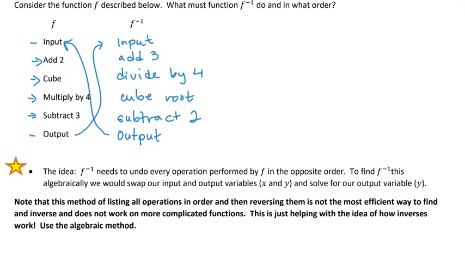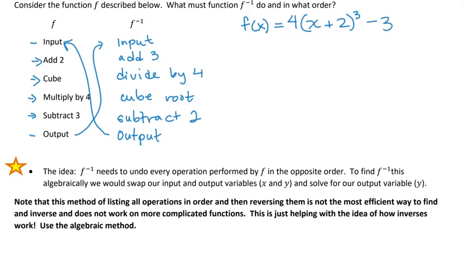Okay, so my claim is that I have just written down all the steps that the inverse of this function should do. And truthfully, we have enough of a list here that we can write down a formula. So for function f, we start with an input, that would be like an x, whatever variable you want. We add 2, we take what we've got and we cube it, we multiply that by 4 and subtract 3.